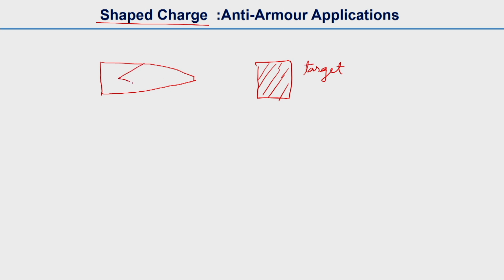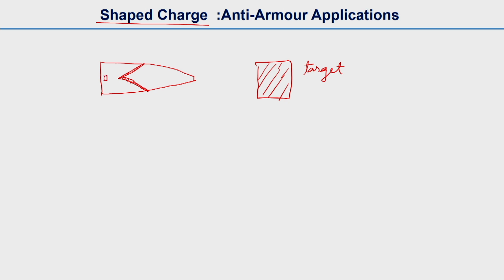So basically this is the missile we have, with this shaped charge. We have a target here, this is the target, and we have a metal cone, which is the main part of this shaped charge.